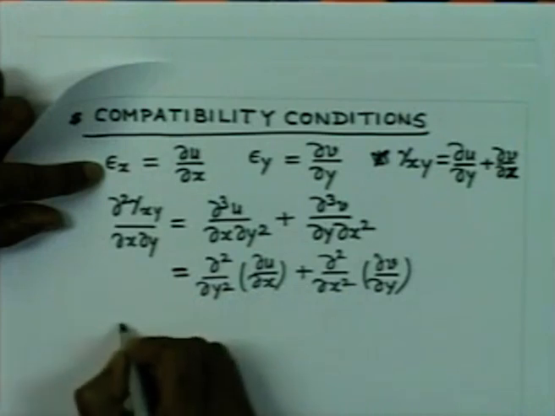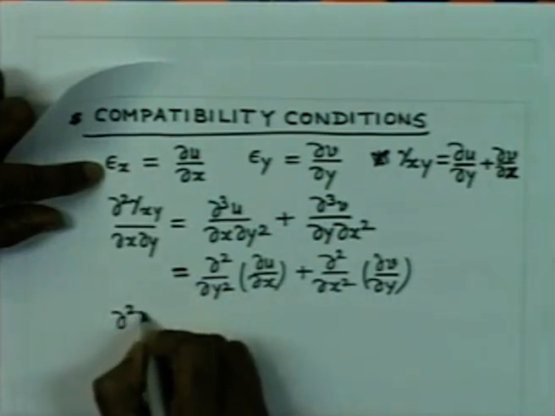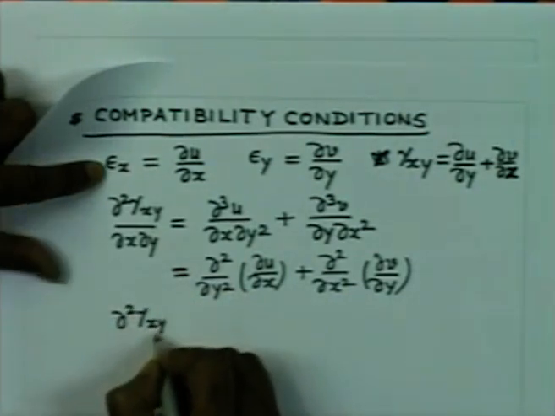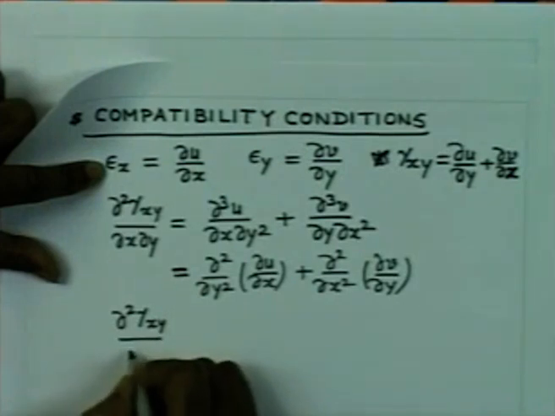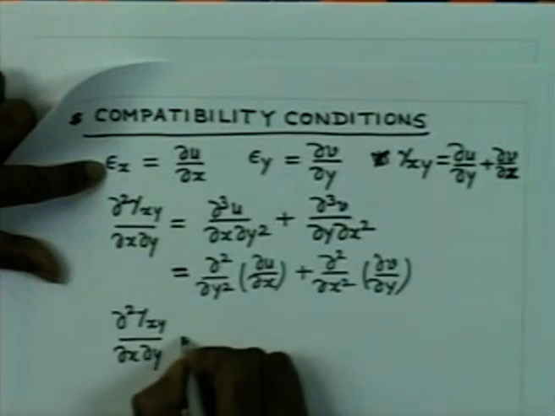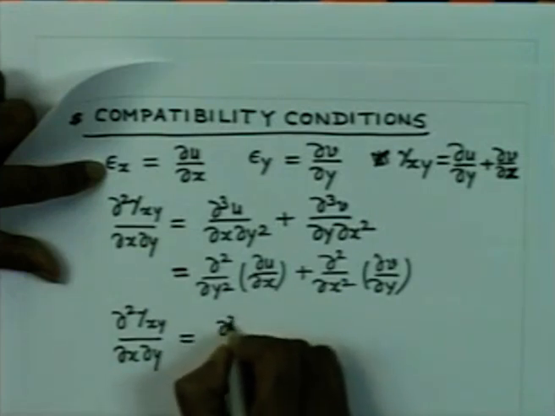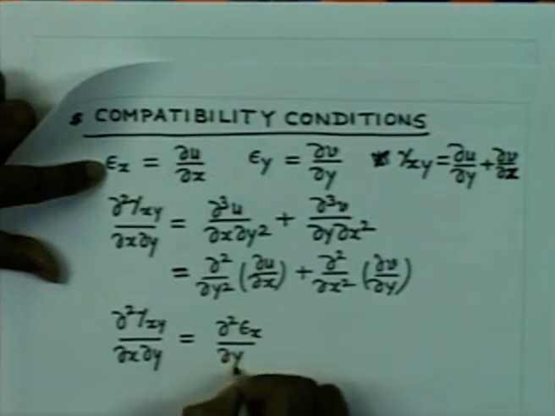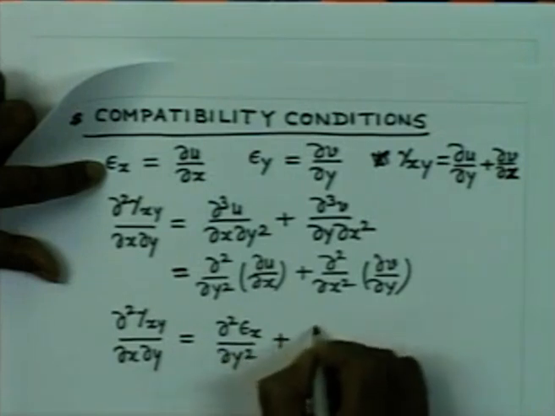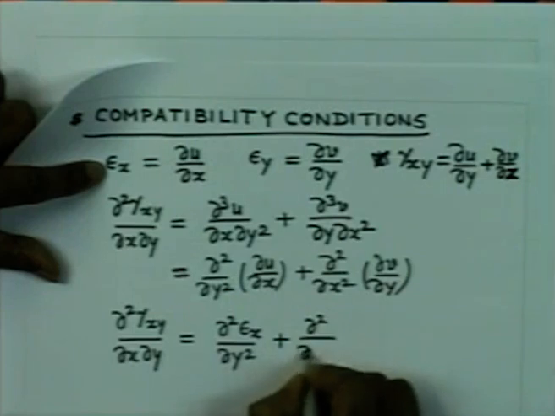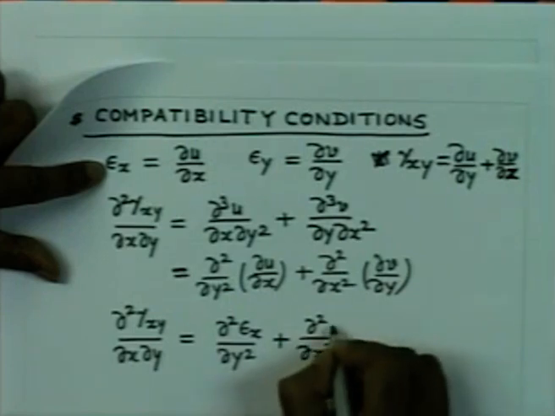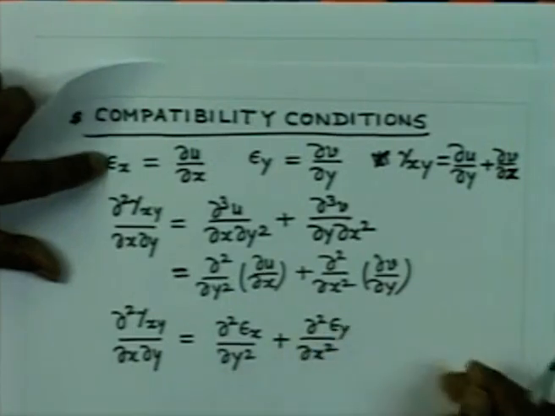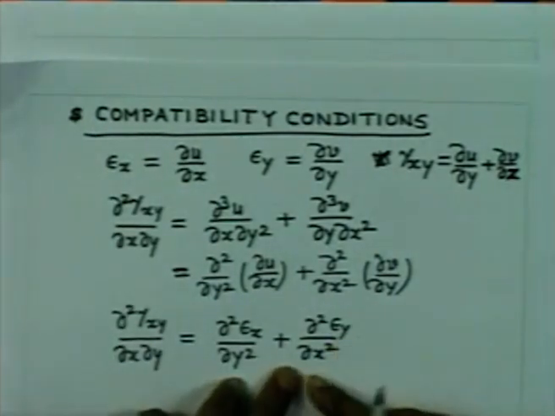So, we can write delta 2 gamma xy by delta x delta y is equal to delta 2 epsilon x by delta y square plus delta 2 epsilon y by delta x square.